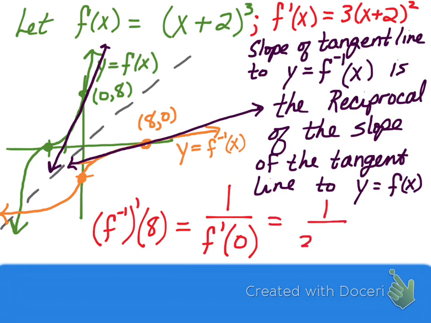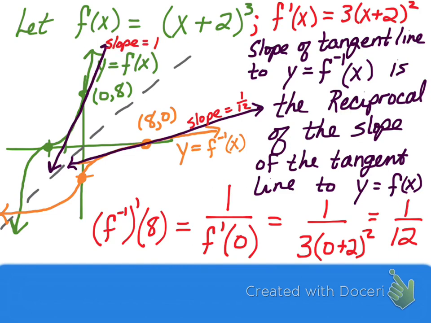Plugging in 0 for x, we find that the slope of the tangent line on the inverse function is 1/12, whereas the slope on the original function is 12. The slopes are reciprocals of each other.